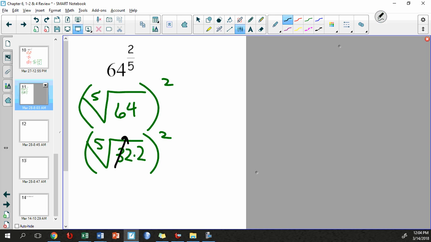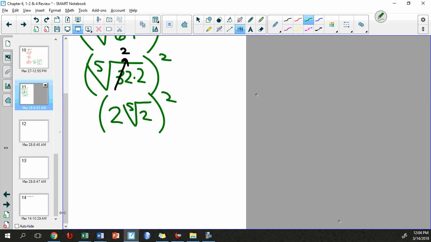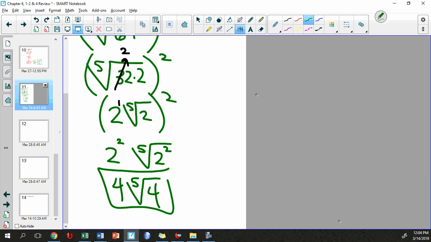So this comes out as a 2. And I have 2 times the 5th root of 2. And then you would square that. Put a 1 there. 2 squared times the 5th root of 2 squared on the inside, yes? 2 squared is 4. And this is the 5th root of 4.